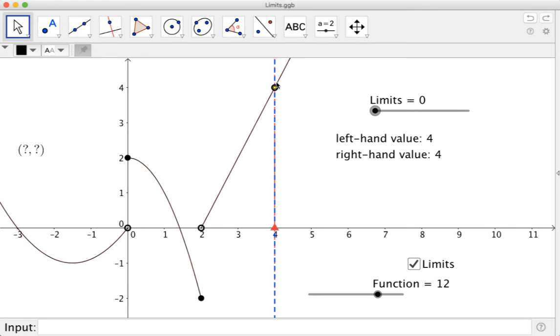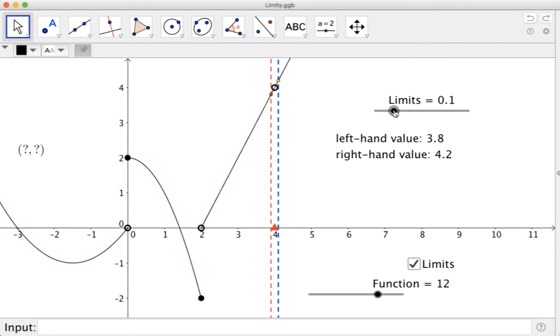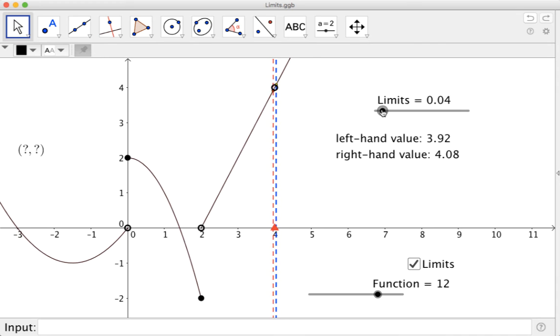There's a hole in the function. Nonetheless, the limit of this function as x approaches 4 from the negative side and x approaches 4 from the positive side is equal to 4. So we say this function does have a limit at x equal to 4, even though it's not defined at x equal to 4.